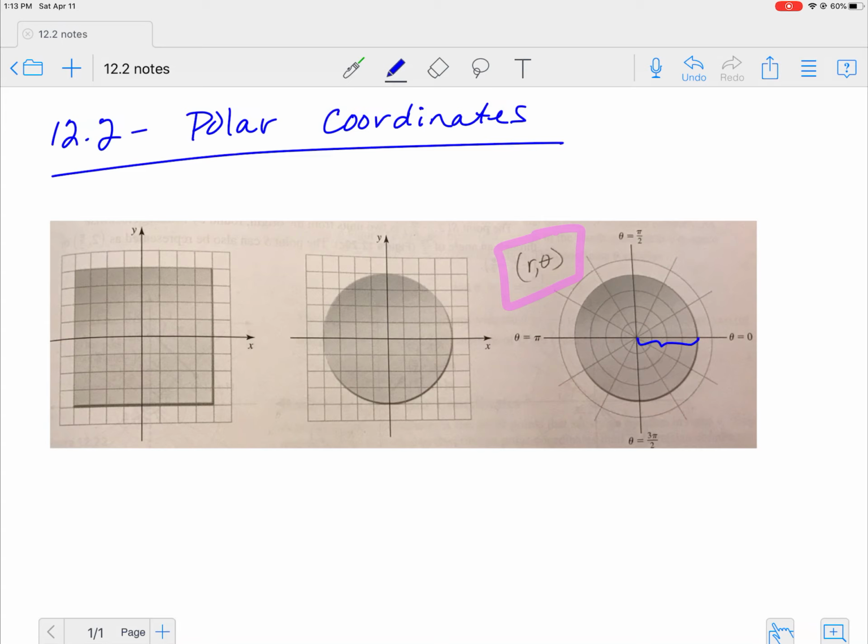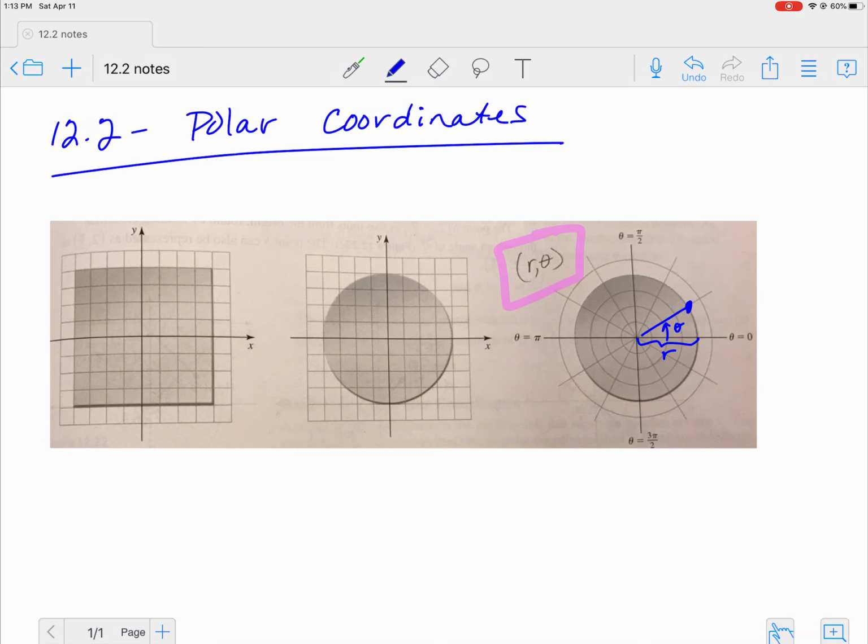To get out here is going to be r, and then my theta is the angle measurement to get to that point. So my coordinate point right here is the coordinate point r theta. It's not an xy coordinate anymore. It is r and theta. We're on this circular graph that we have.